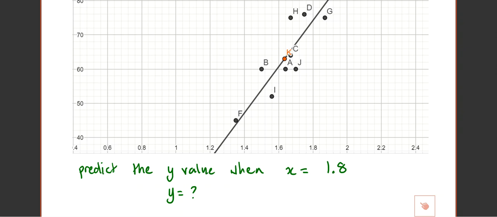So using that graph, using a pencil, using a ruler, can you make that prediction?